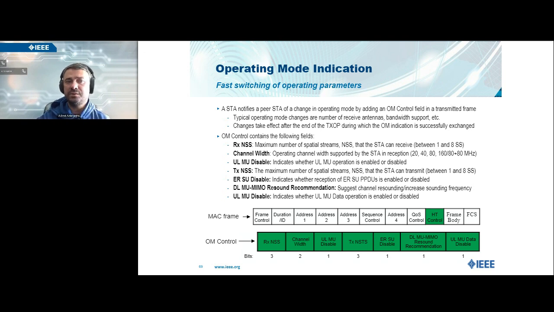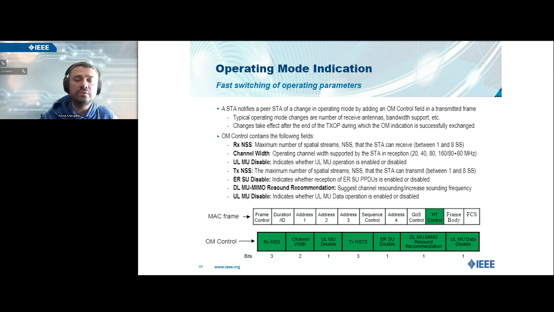RxNSS, which is essentially the maximum number of spatial streams that the station can receive, so you can turn it up and down depending on the available data or the available antennas that you have. The channel width can be reduced or increased between 20 to 160. And the TxNSS as well can be modified to indicate how many spatial streams you support in transmission.